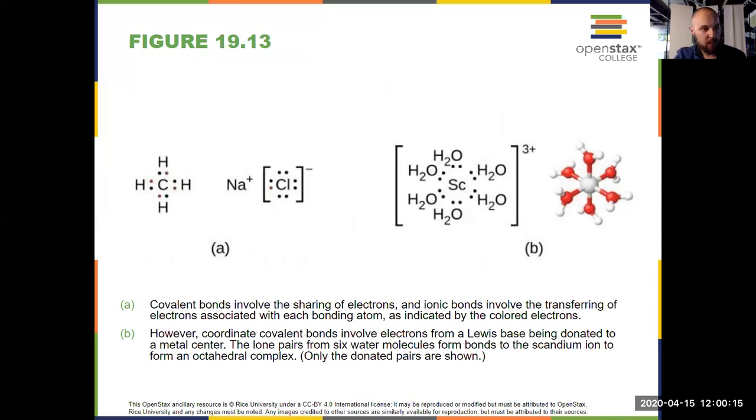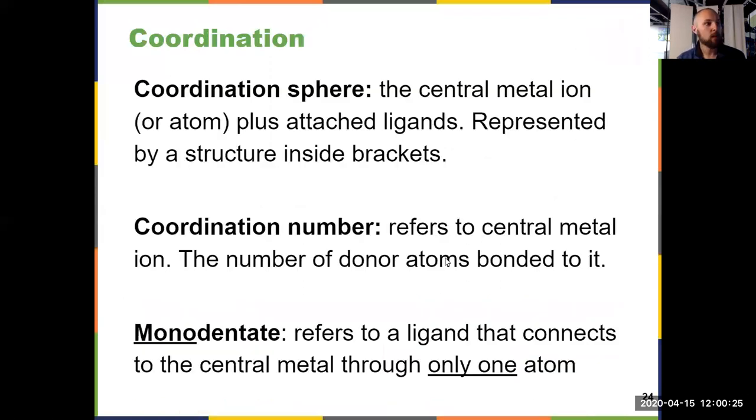Okay. Here we see scandium as the center metal, H2O ligands. Together they form a coordination compound. More definitions. The coordination sphere. Okay. Everything together, right? Ignoring the counter ion.